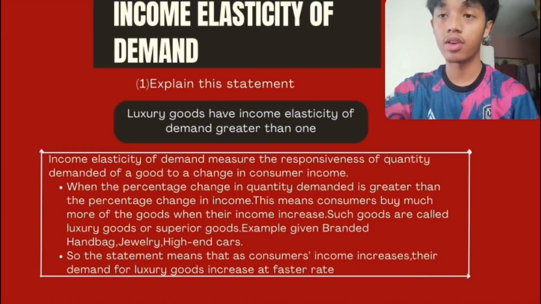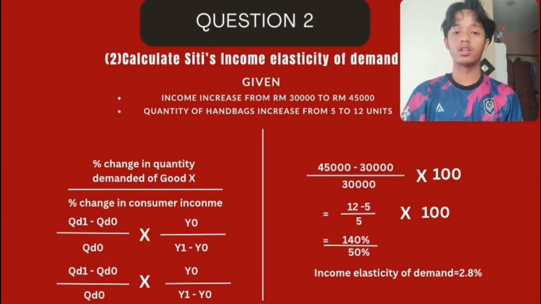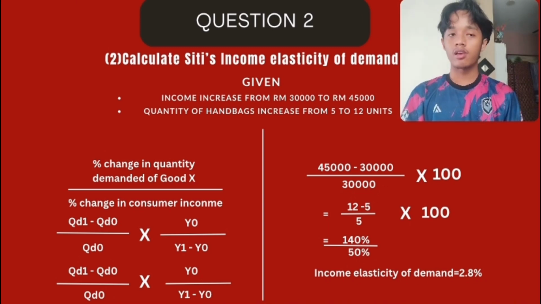I will move to the next question. Question number 2: calculate the city's income elasticity of demand. Income increases from 30,000 ringgit to 45,000 ringgit. Quantity of handbags increases from 5 to 12 units. So using this formula, the answer I get is income elasticity of demand equal to 2.8.